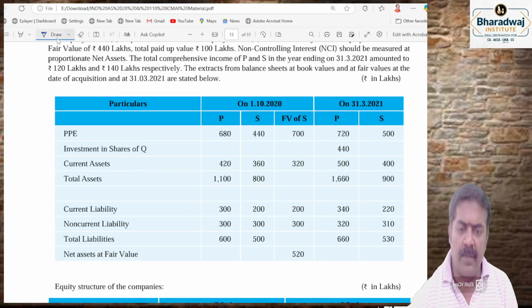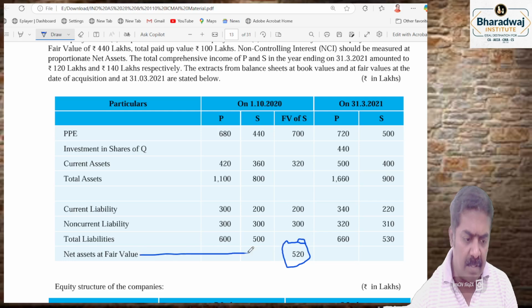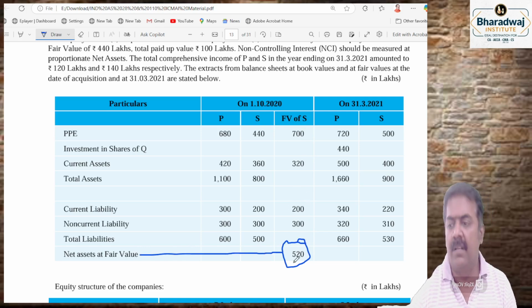When were the shares acquired? On 1/10/2020. That day, net assets at fair value are directly given to us: 700 plus 320 minus 200 minus 300. How much is given? 520 lakhs.